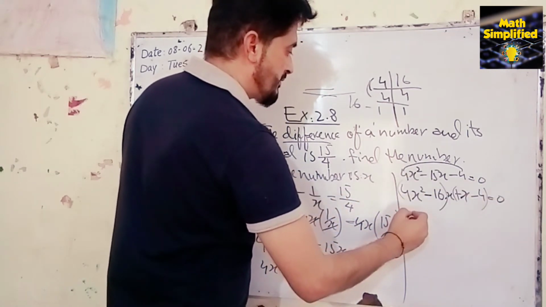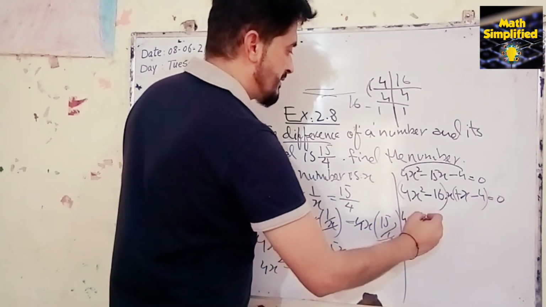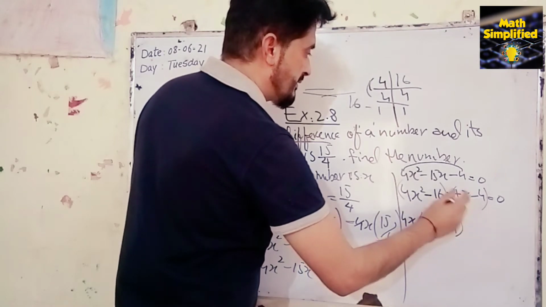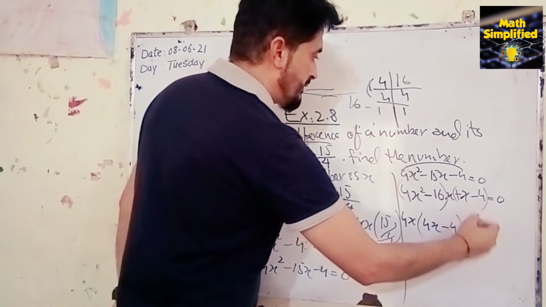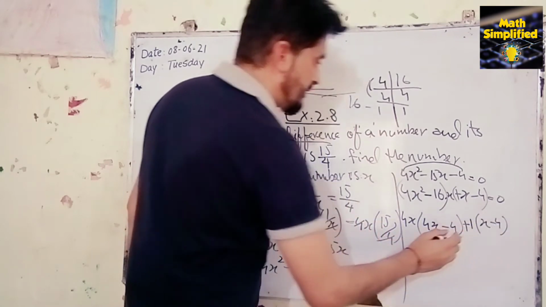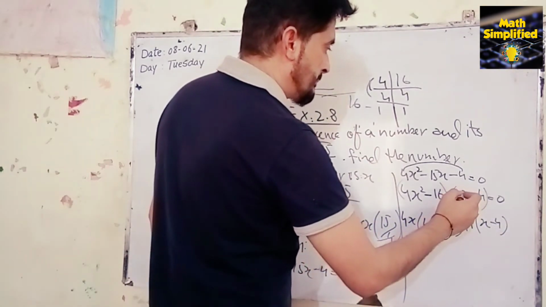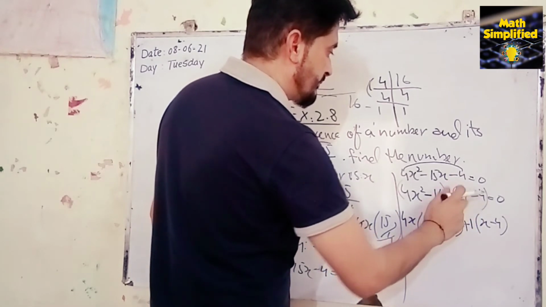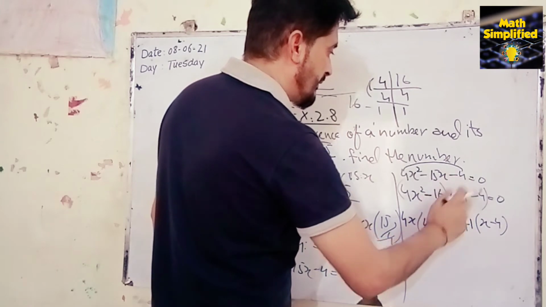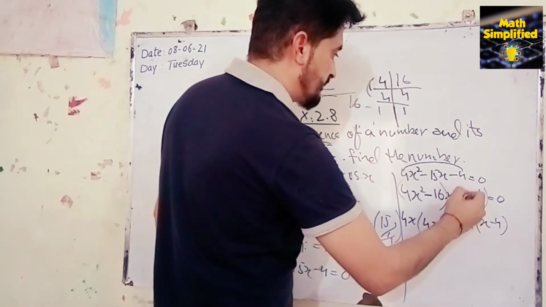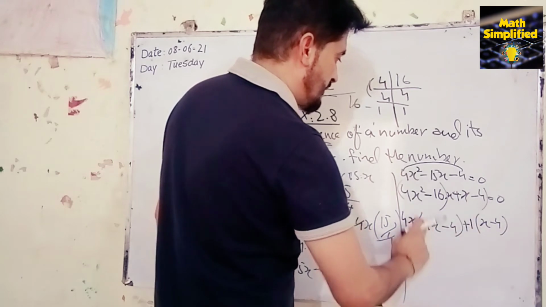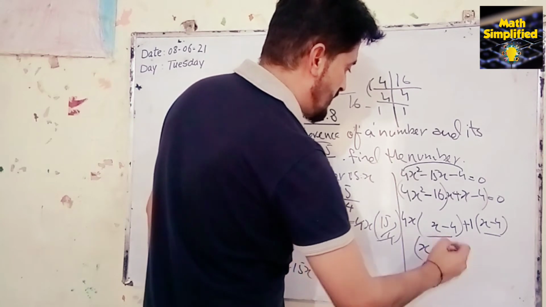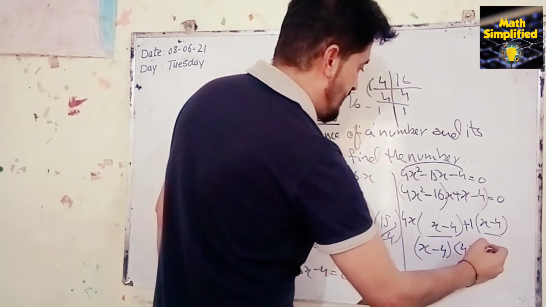Now take common from each pair: 4x minus 4 and here take 1 common, x minus 4. So here students, we have the same polynomials. Take this common, x minus 4, and the other one is 4x plus 1.